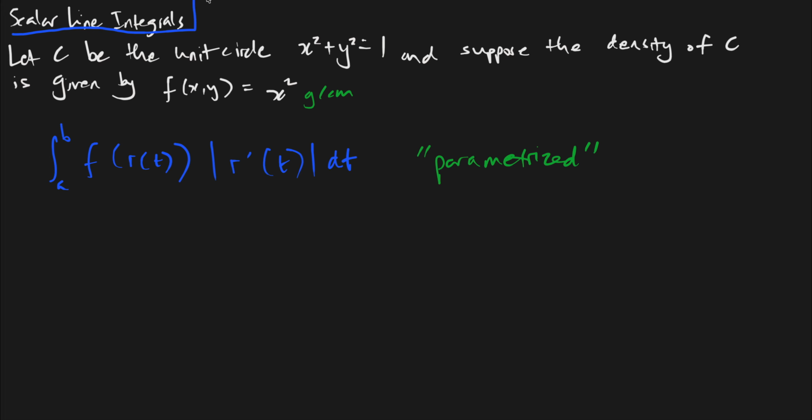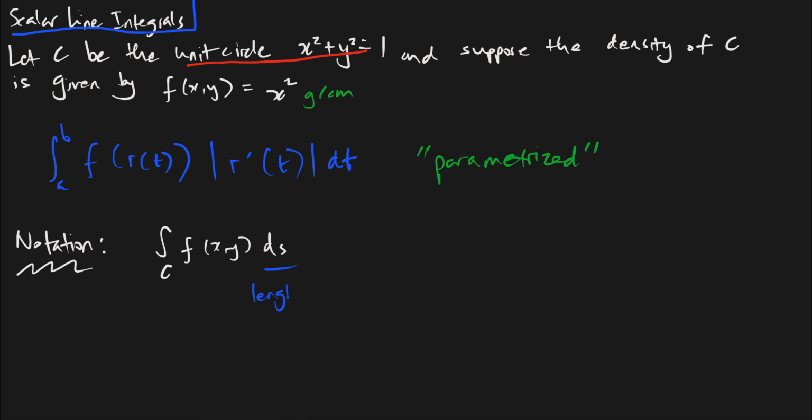If I wanted to put this in a simpler form, our notation would be the integral across C, which here is the unit circle, of f of x, y, ds, where ds is the length element.